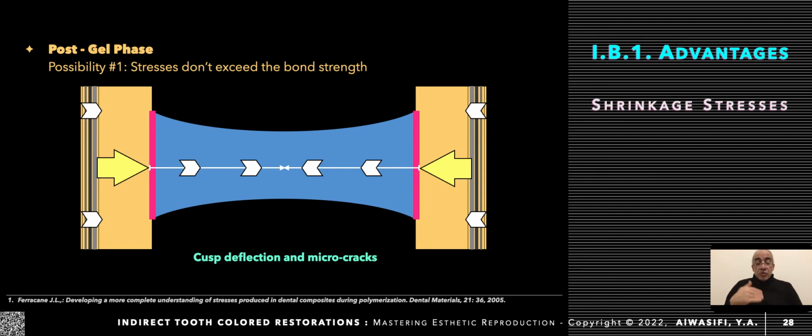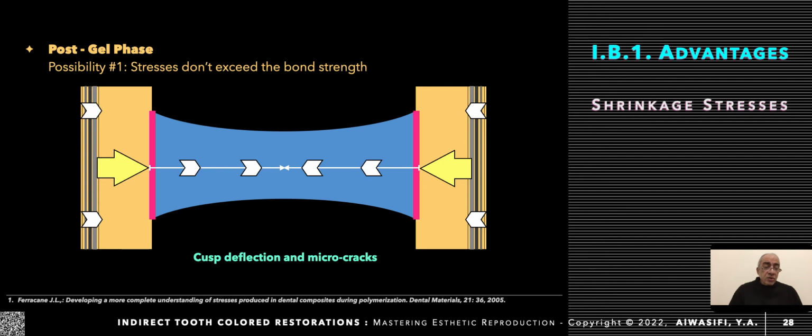If your bond strength exceeds 17 megapascal, then the shrinkage stresses will take the material, which is bonded firmly to tooth structure, and the tooth structure will deflect a little towards the direction of light.